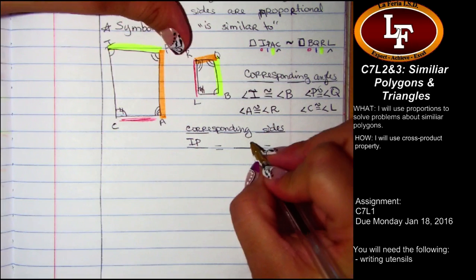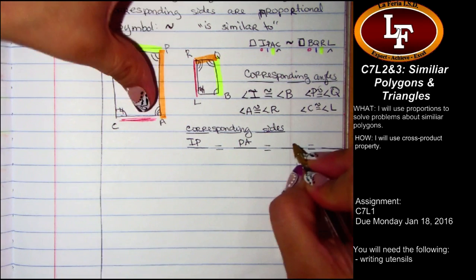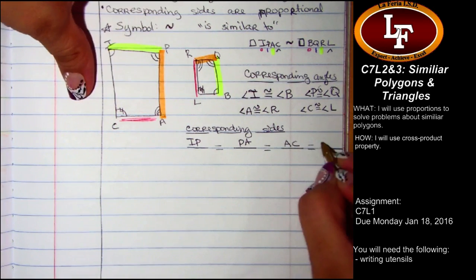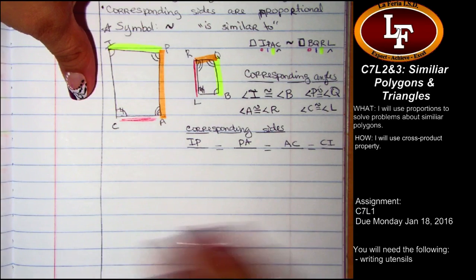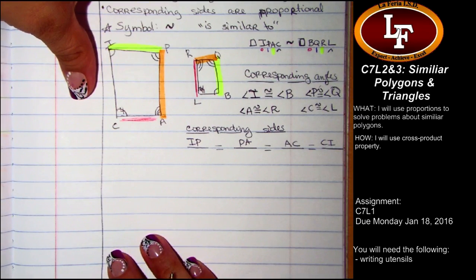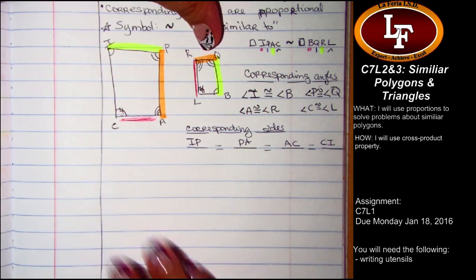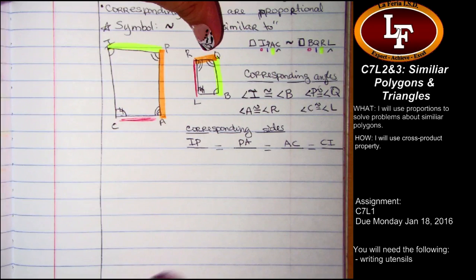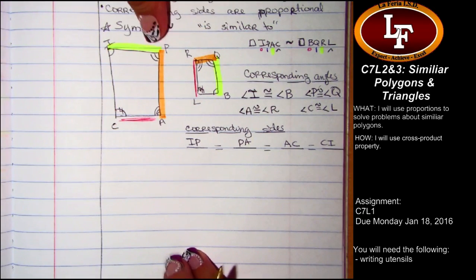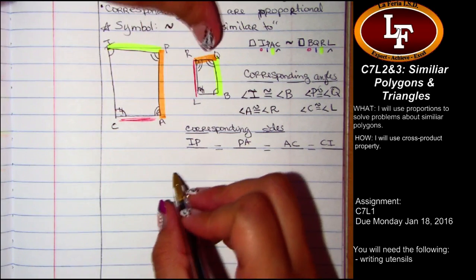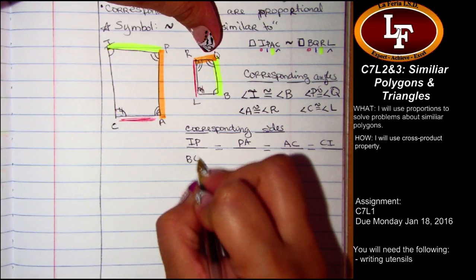So here's one side, here's the other side, here's the third side, there's the fourth side. In the same order, in terms of corresponding sides, I'm going to put the information on the figure to the right in the denominators. I started here with IP, so here I must start with BQ.